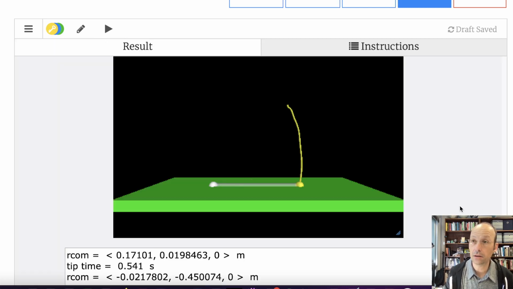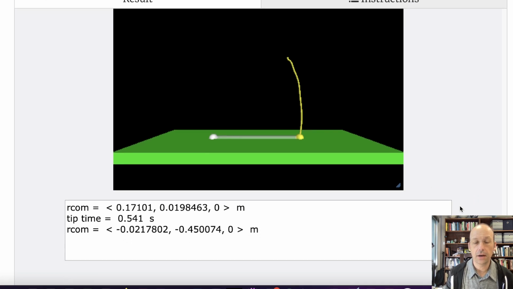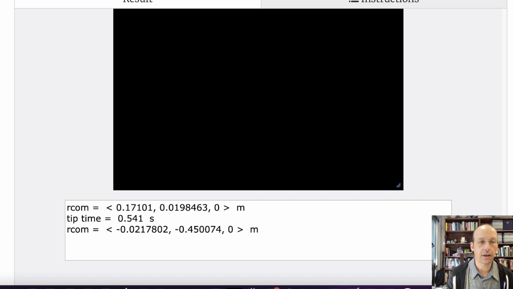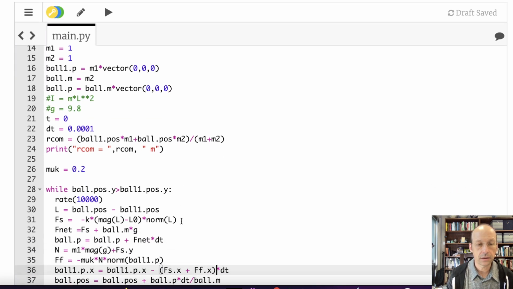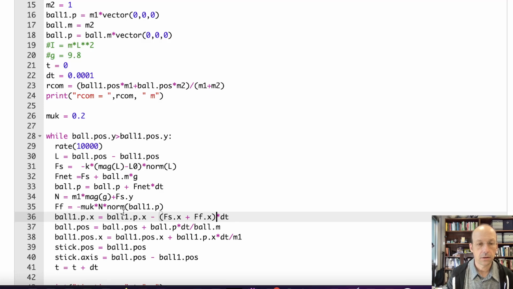Okay, so it did take less time to fall over. I think I have a negative sign problem, because the center mass moved to the left. So let's go over here, and I'm pretty sure that's all my problem is. Just get rid of this negative sign.